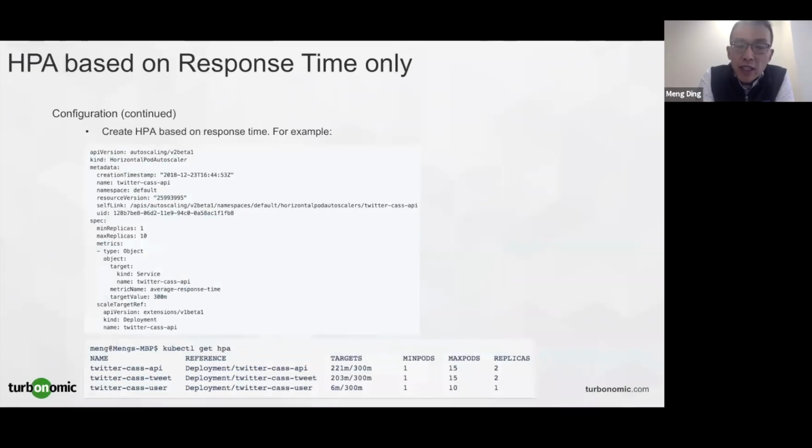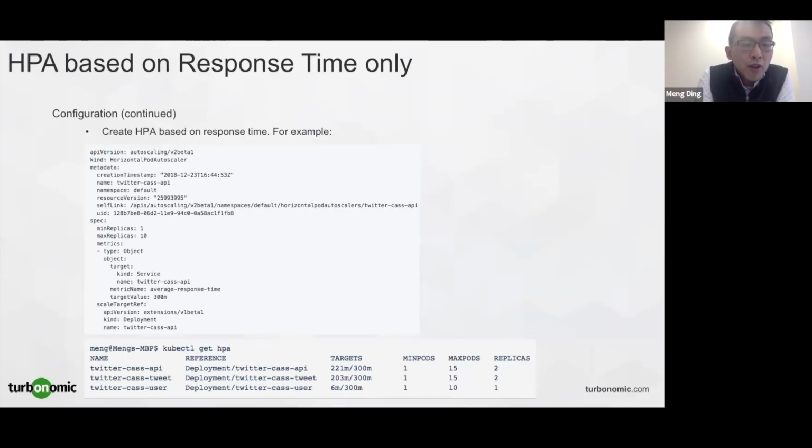After enabling the custom metrics server, we create an HPA based on the response time. This is only enabled through the autoscaling v2beta1 and up API versions.